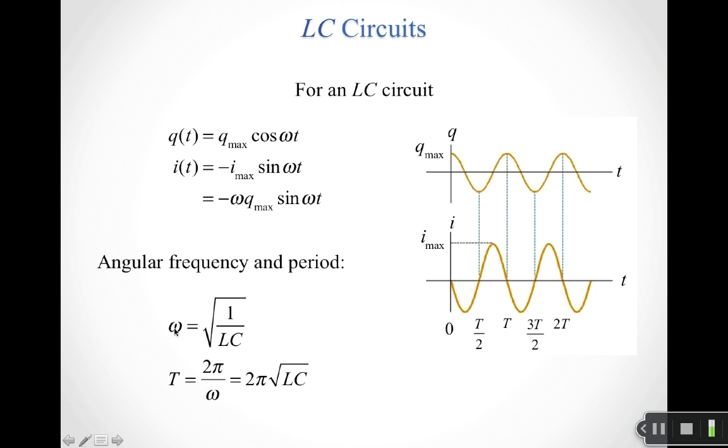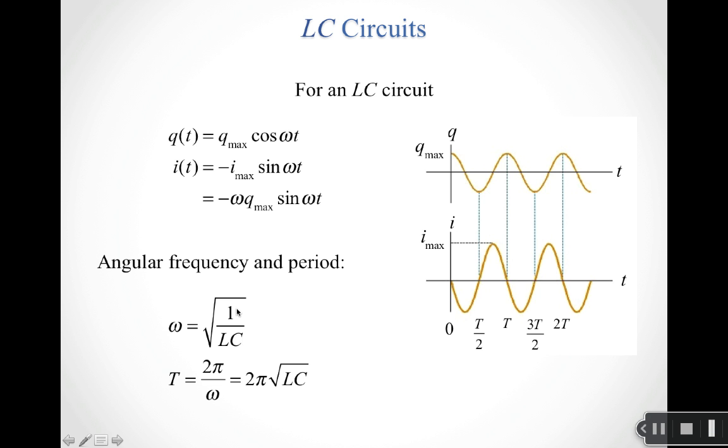Again, I can relate the angular frequency and the period. The angular frequency is given by the square root of, instead of k over m, where k was 1 over C and m was L, so the angular frequency for my LC circuit is 1 over the square root of LC.